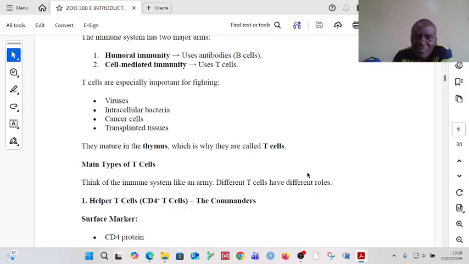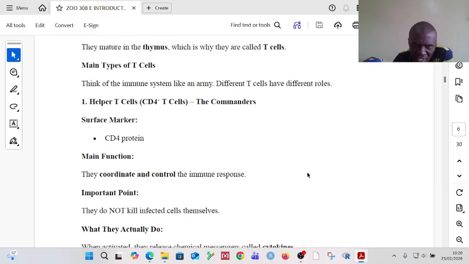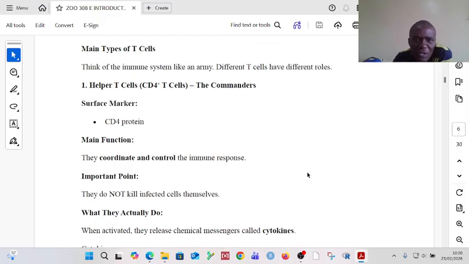We saw the major types of T cells, the helper T cell, the CD4 T cells, whose main function is for coordination and controlling the immune response. These helper T cells, or the CD4 cells, don't kill the infected cells themselves.